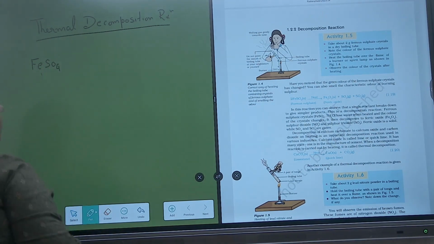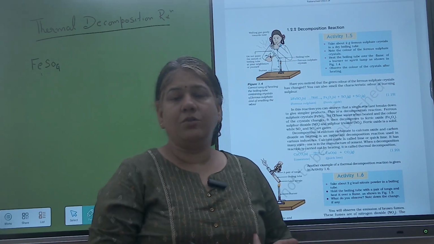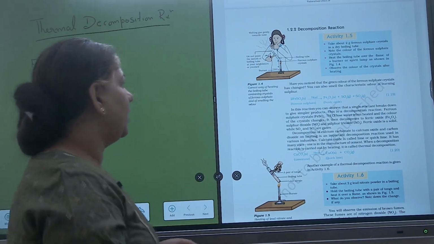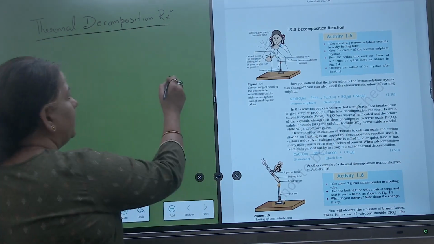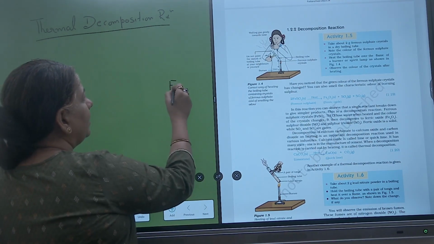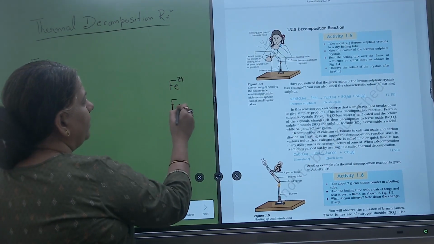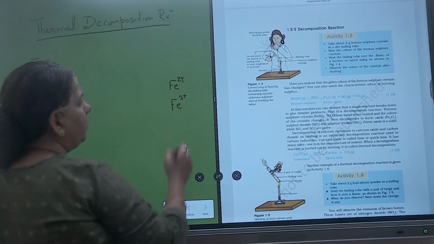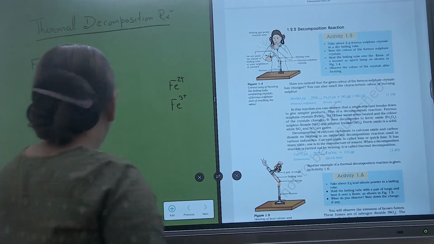I already told you iron exists in two states, +2 and +3. When it exists in +2 state, or when valency is 2 plus, it is ferrous salt, and when it is in +3 state, or when valency is 3, we say it is ferric salt.